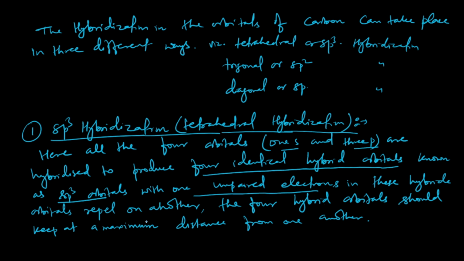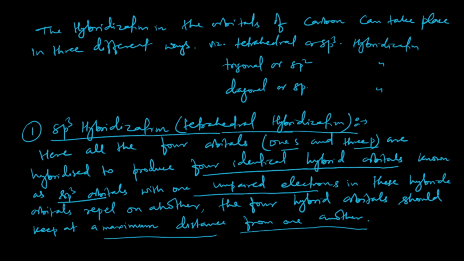To minimize that repulsion, the four orbitals will move far away, right? And that moving far away is the maximum distance from one another. So they will maintain the distance with each other, and that we call the maximum distance from one another.